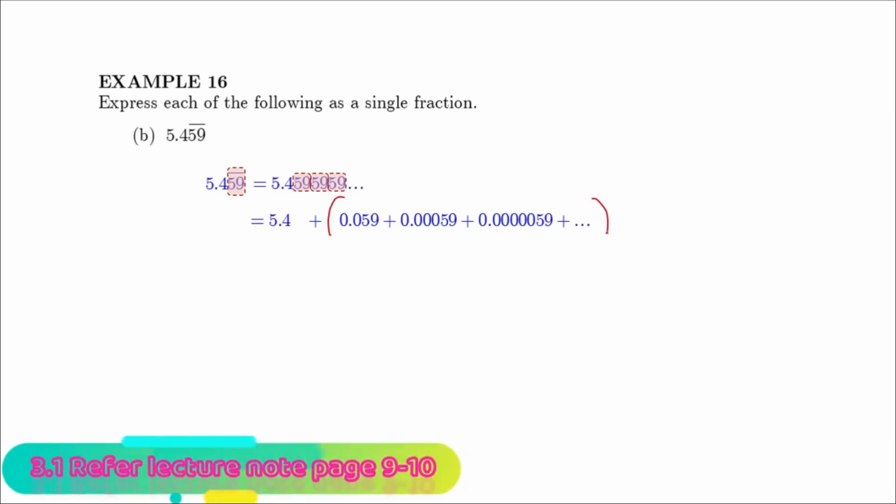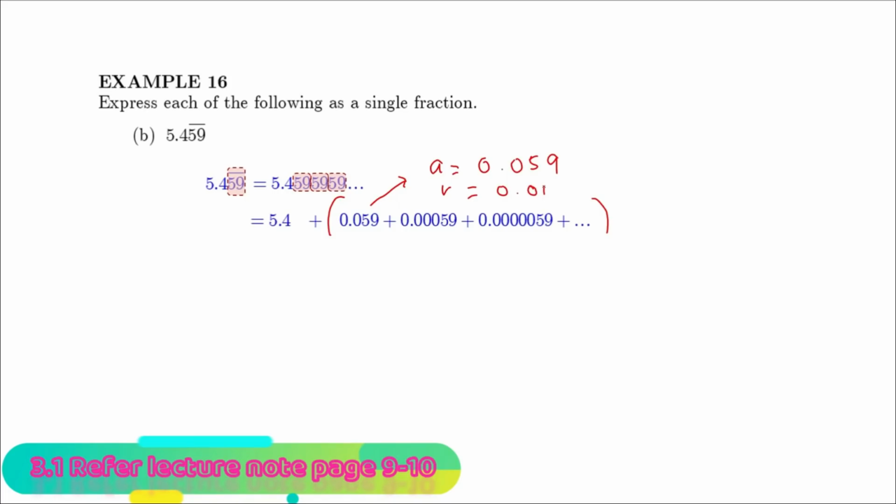We now have our A as 0.059 and our R as 0.01, by dividing the second term by the first term.